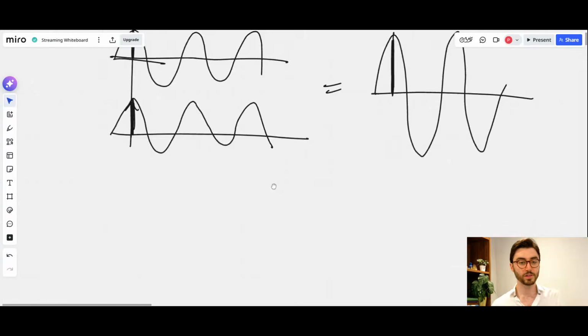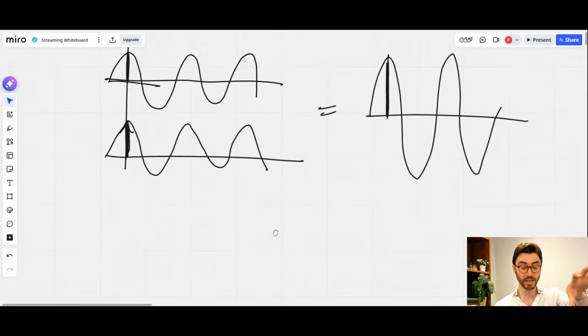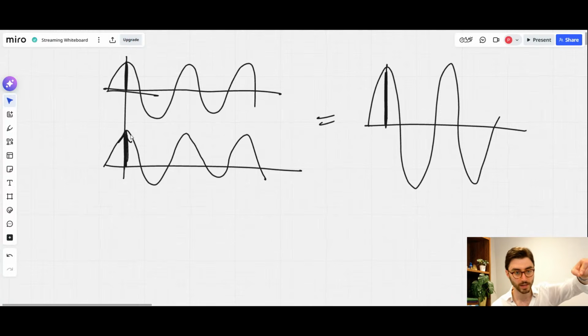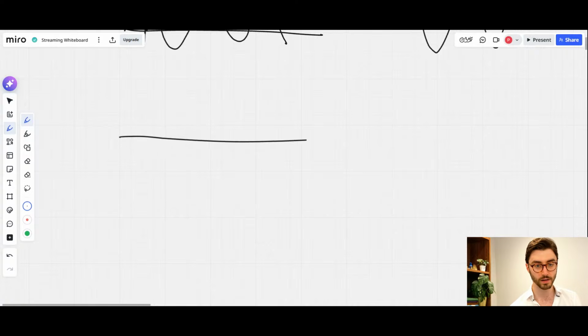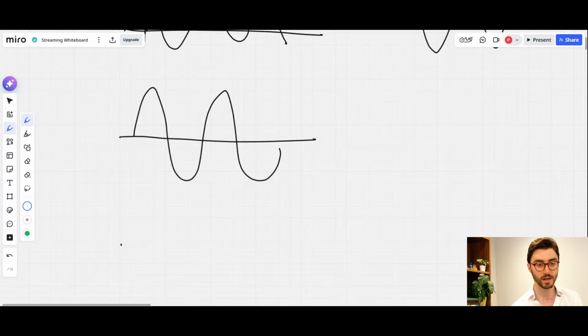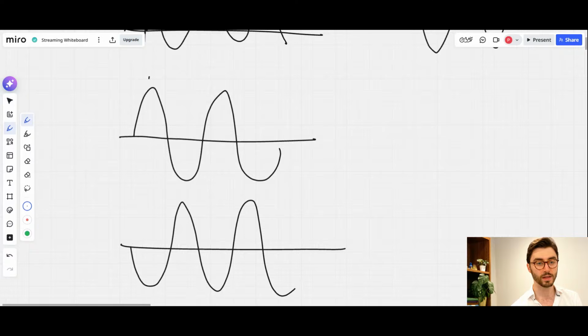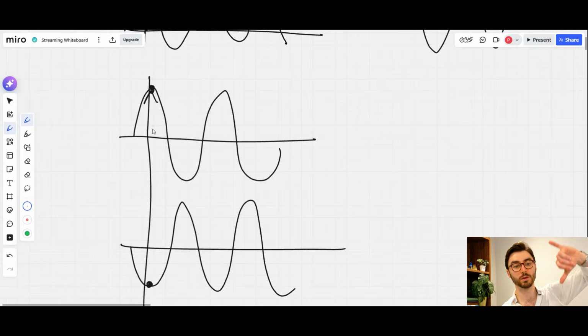Now, if the two waves arrive like this, it's called in phase because they are at the same point in their cycle. But if they arrive out of phase, which means they are at opposite points of their cycle, they will destructively interfere. So for instance, if I have this wave doing this at the same time as this wave is doing this, then at this point in time, this one's at maximum, this one's at minimum, and the displacement here would be this much.